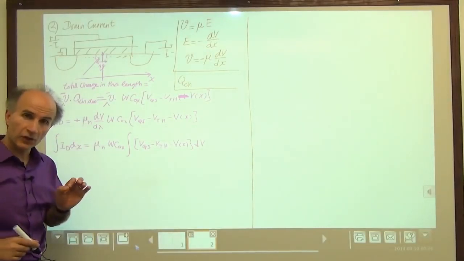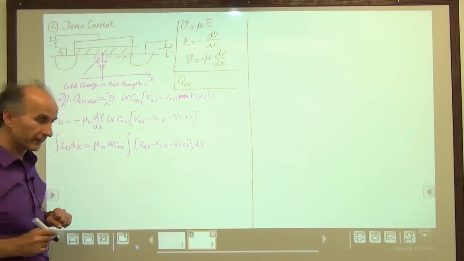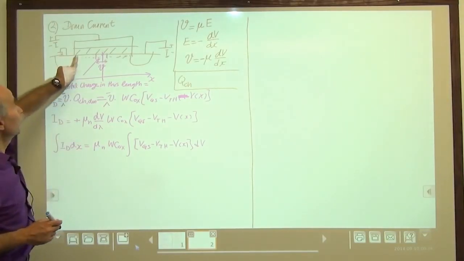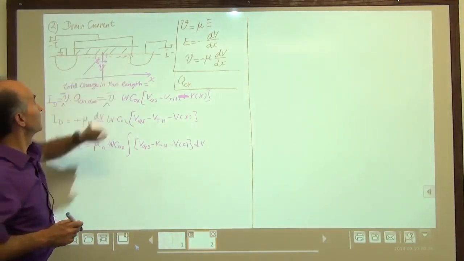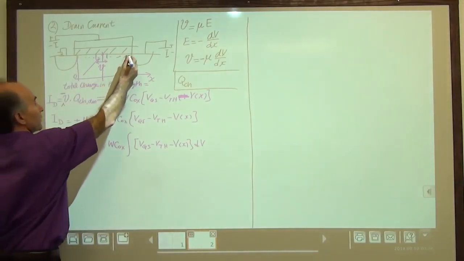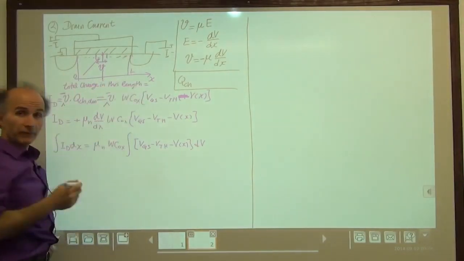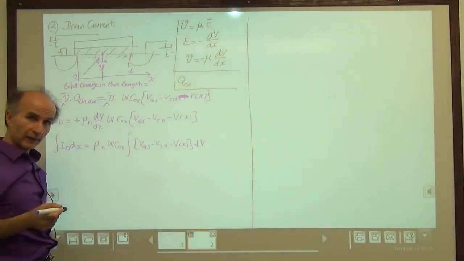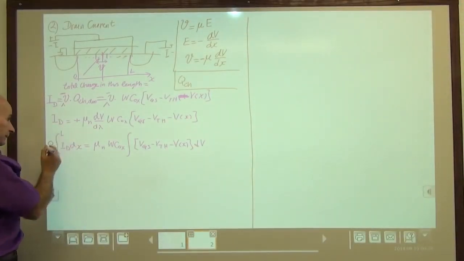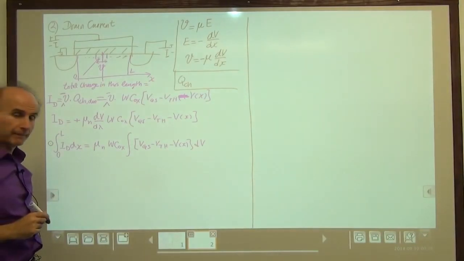Now we just have to pay attention to the limits of the integrals. Okay, x goes from where to where? Well, x starts from here and goes to here. So at this point we have 0, and at this point we have L, effective L, which we always denote by L in this course. So this goes from 0 to L. No problem there.